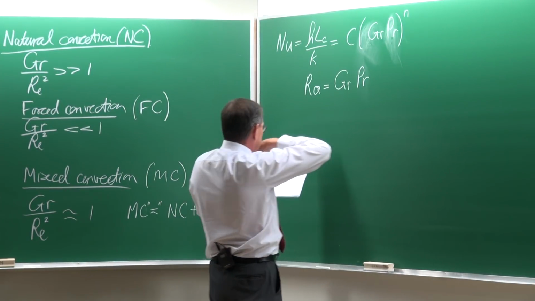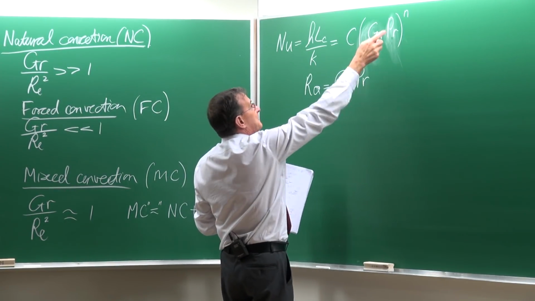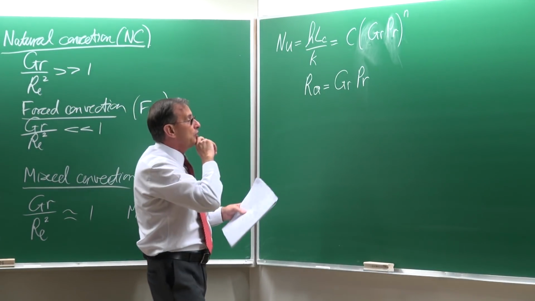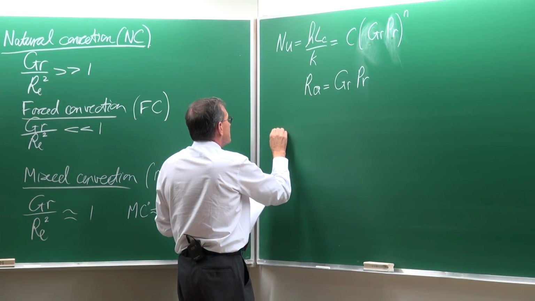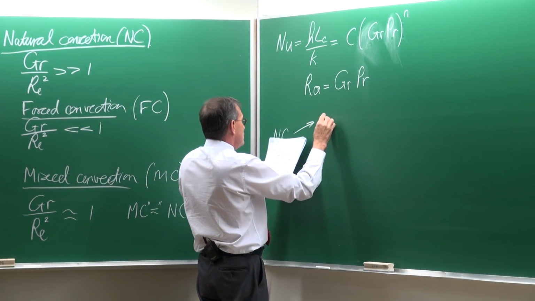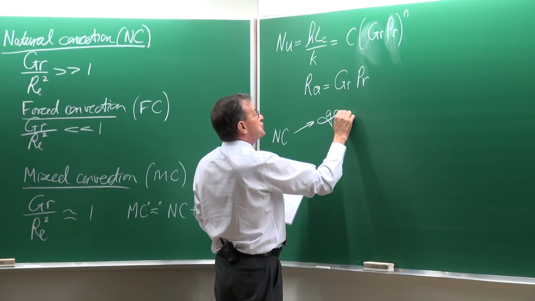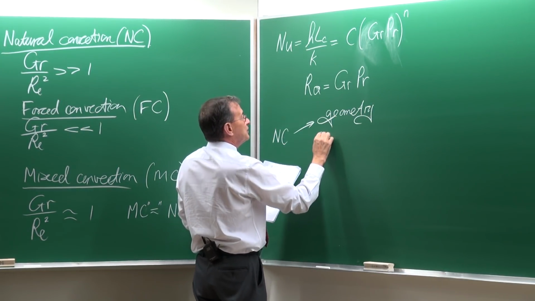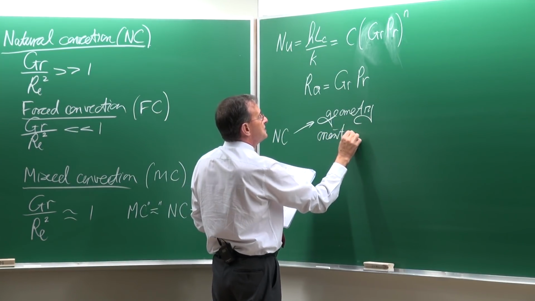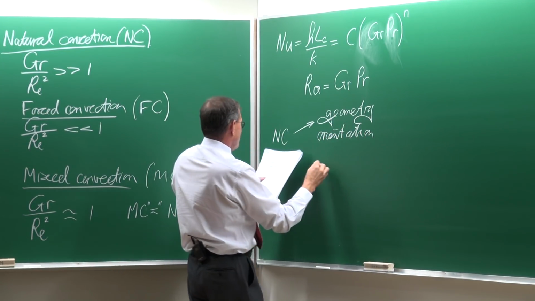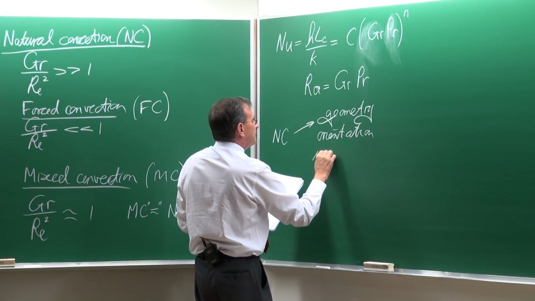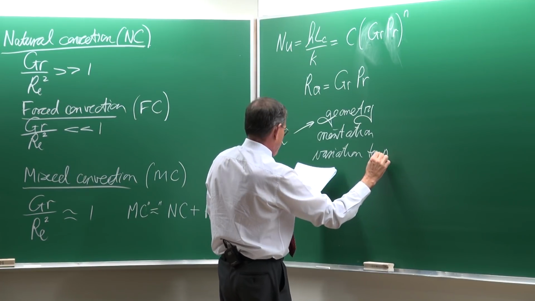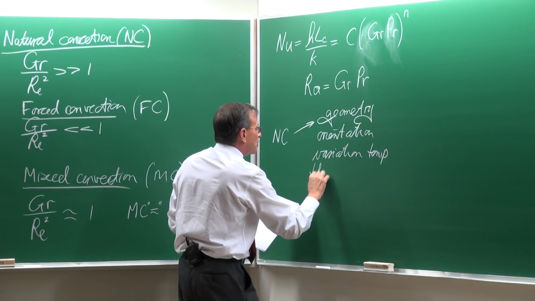But in general, you'll see that the C and the N are the things which are being influenced by the geometry of the surface, the orientation of the surface, the variation of temperature, and the thermophysical properties.